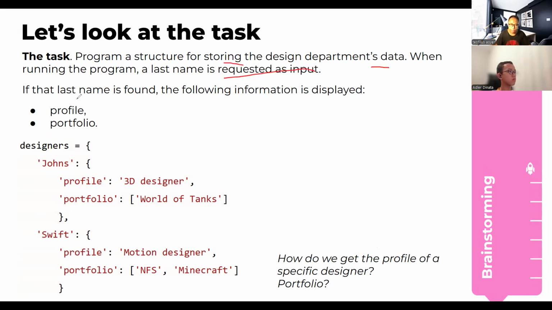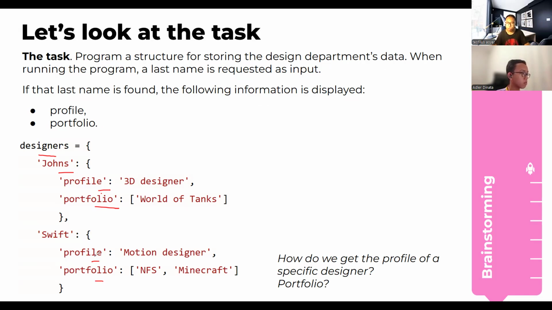If the last name is found, the following information must be displayed: the profile of the person and the portfolio. So you have to make a program like this. How to do that? The first thing you have to prepare is absolutely the data. So you have to prepare the bank data, the profile of the persons and the portfolio. You got it? Okay.